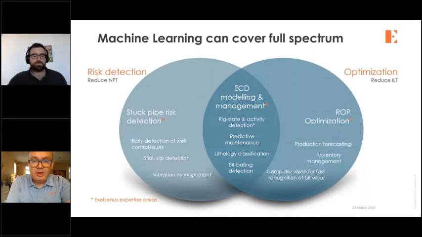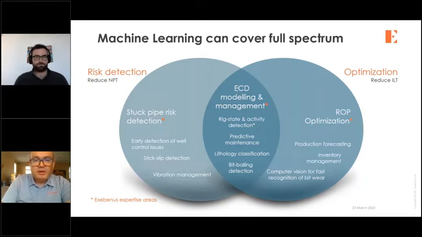I'm talking about things like predictive maintenance, motor failure, tool failure, lithology classification, safeguarding like vibrations or bit balling detection. Also ROP optimization opportunities, right? All of that can be done by machine learning. So it can cover the full spectrum from risk detection all the way to optimization of your drilling performance.